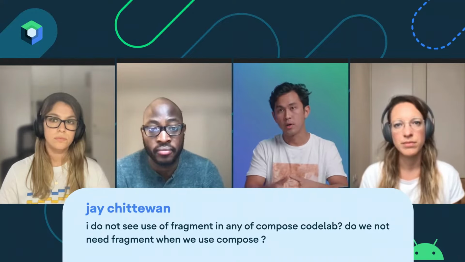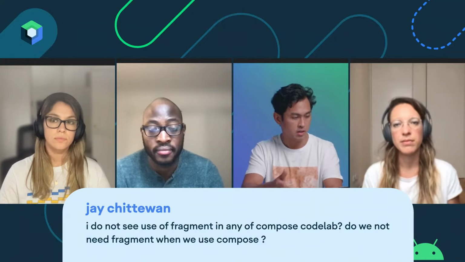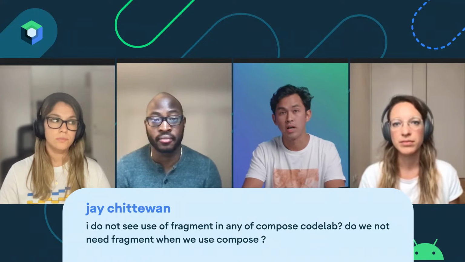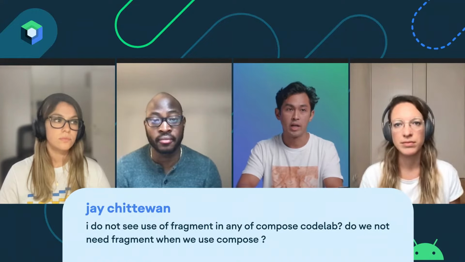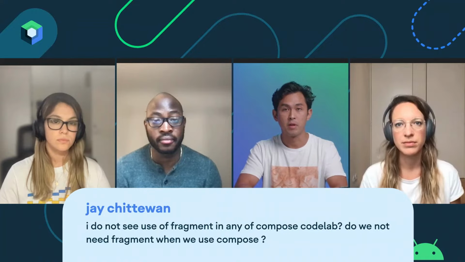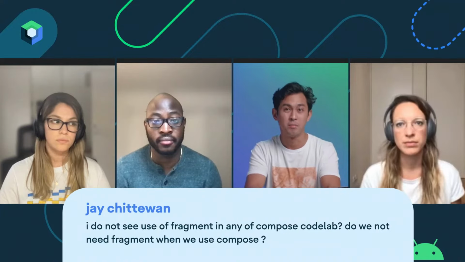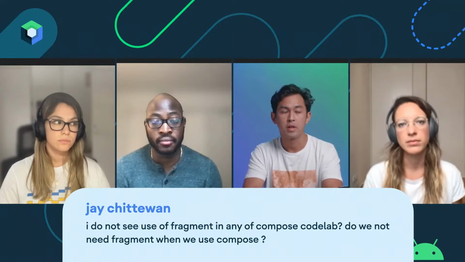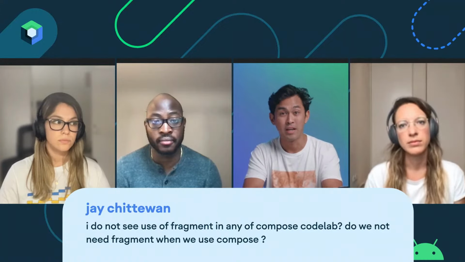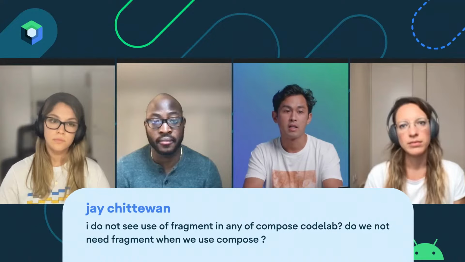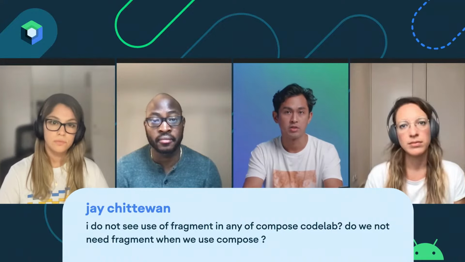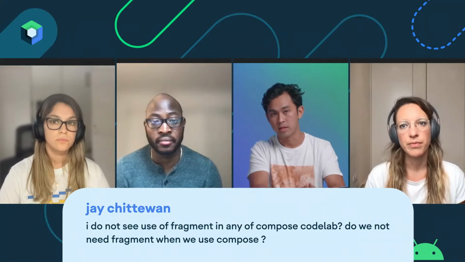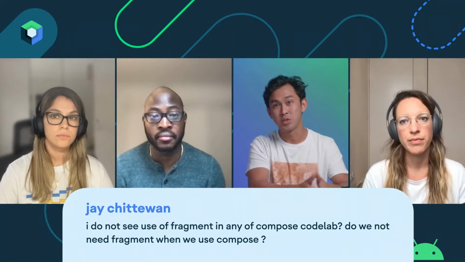This is the reason, to answer the second part of your question, why a lot of the Compose codelabs don't have Fragments: because they're written starting with Compose 100% in mind. Now, if you have an existing View-based app that uses Fragments, then you would definitely have to think about the migration strategy for how to get your Fragment and View-based app to Compose.